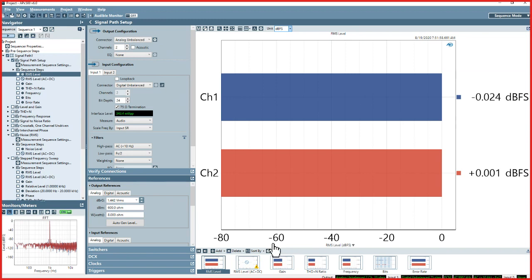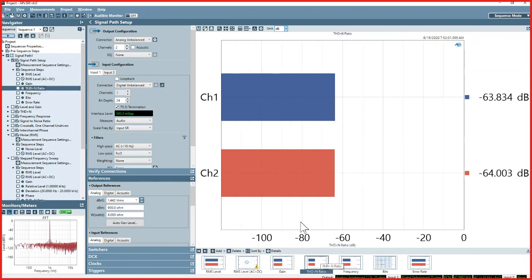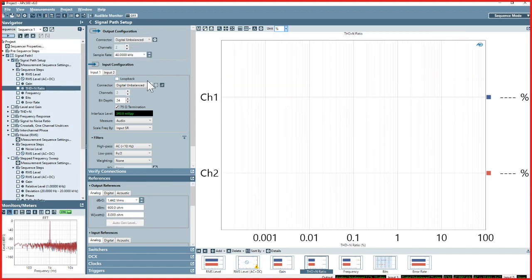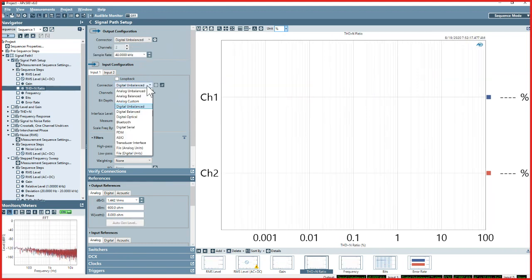Now, let's take a look at THD plus N. It's still all right if we look at it as percent. Let's take a look at the reciprocal device. So let's look at our DAC. So we'll go digital unbalanced out, analog unbalanced in.